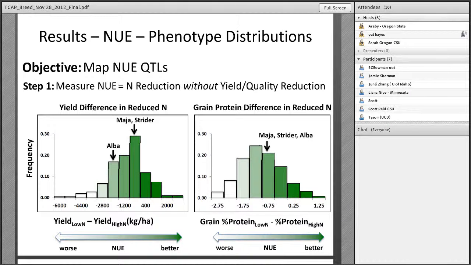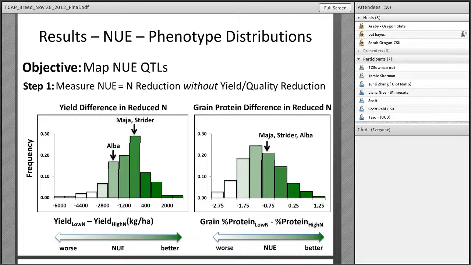And you can see in the histogram here, there's a nice, normal-looking spread of differences between the lines, and these are our checks lying in the middle. And then similarly for grain protein, which is also strongly affected by nitrogen levels, there's the difference between the protein at the low nitrogen level minus the protein at the high nitrogen level.